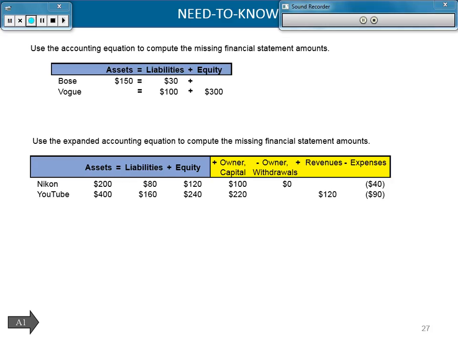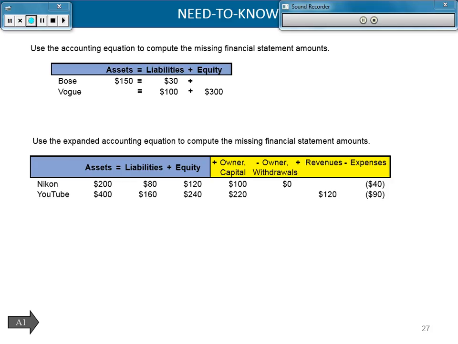For Vogue, we're missing assets, but we have liabilities and equity. What's the assets? 400. That's pretty simple, right? Now come down here, which is what we're going to do on these sheets right now. Don't write it down, but I just want you to see this is what we're doing. From up here, we had assets of 150. Oh, they want us to find the missing amounts here, too.